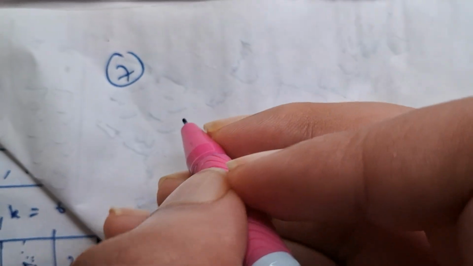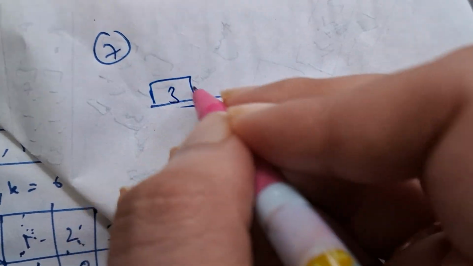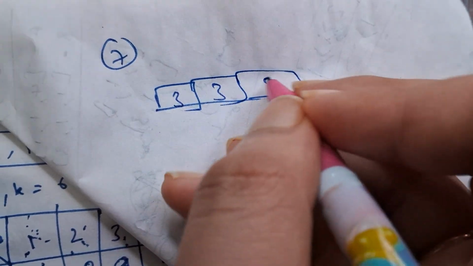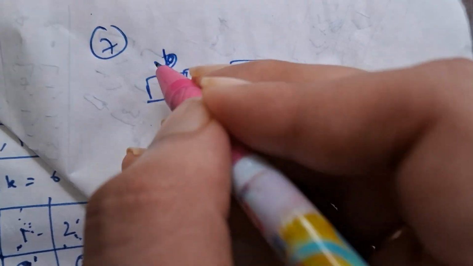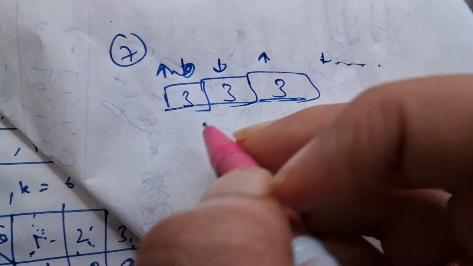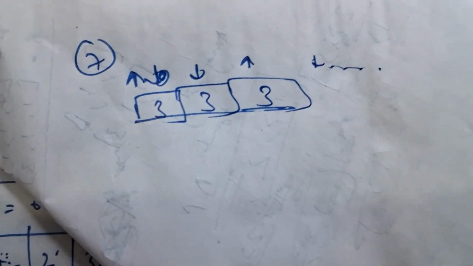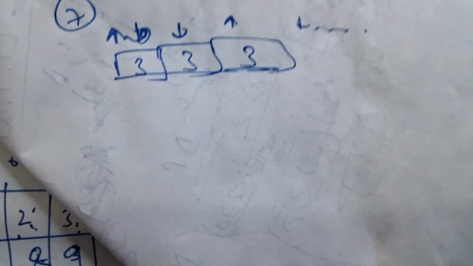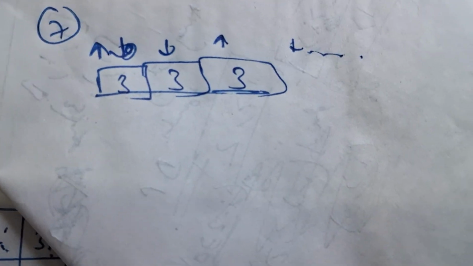You can divide the whole number into groups of 3, and then add this, subtract this, add this, subtract this, and so on. After that you can come to a conclusion that if this number is divisible by 7, then you can be assured that the whole number is divisible by 7.